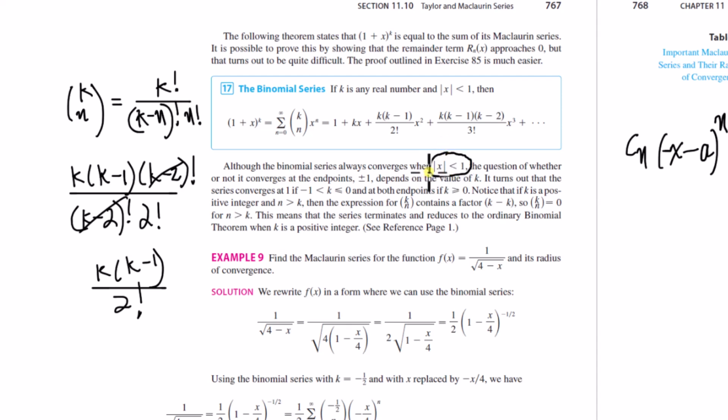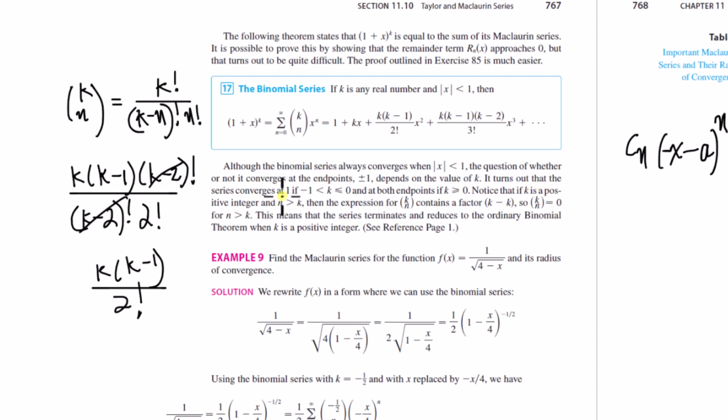If k is a positive integer, then the series is finite. It converges for all real numbers. A polynomial has any input. So they're strictly talking about here, this absolute value of x is less than 1, for any k that's not a positive integer. And whether or not it converges at the endpoint depends on the value of k.